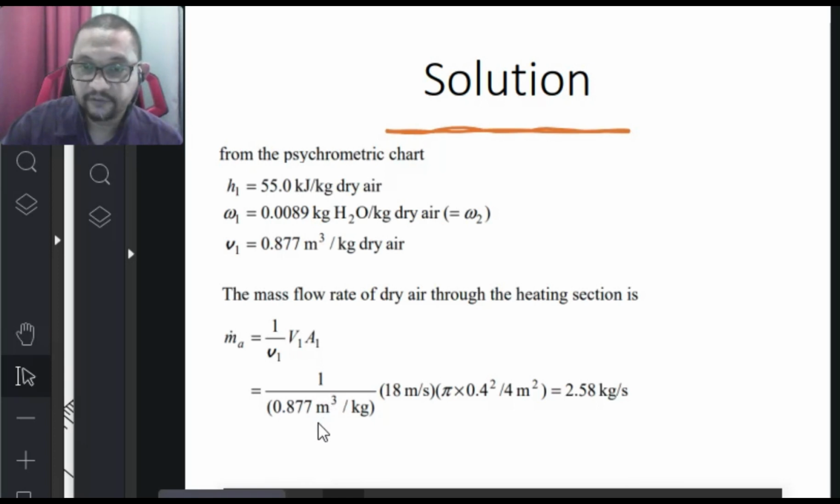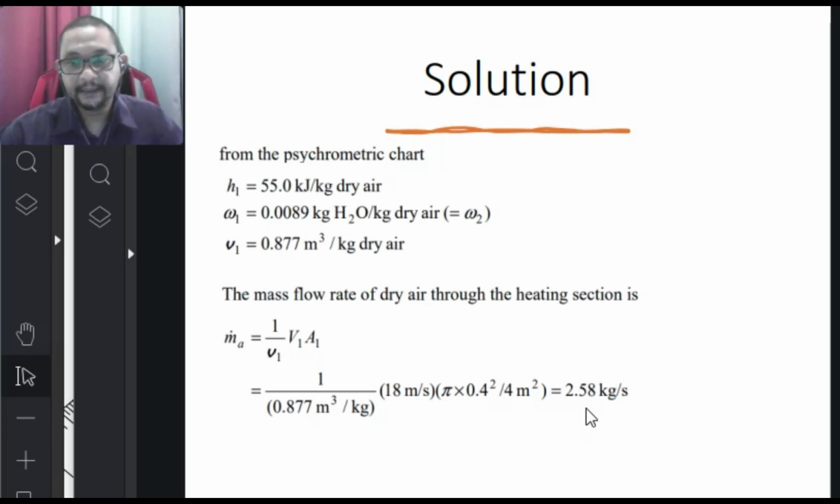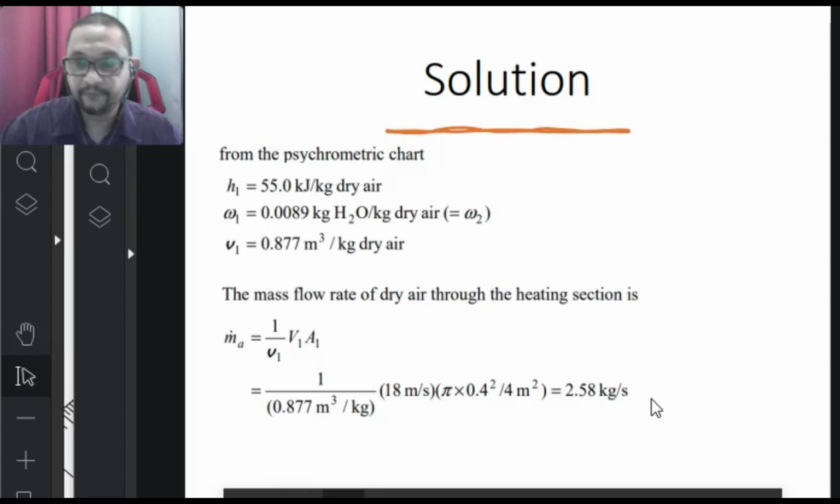So put all the values in this equation, and this is a cylinder diameter, so you have to find the cylinder area, pi times d square over 4, and then you will get m dot a is equal to 2.58 kilogram per second.